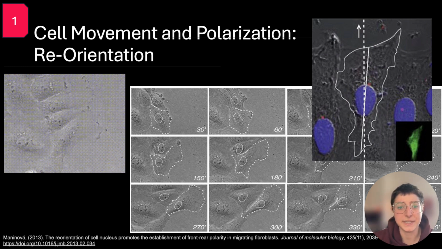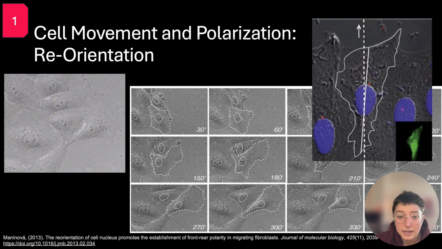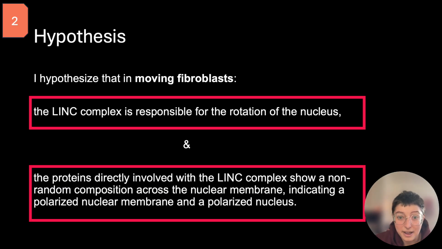It's really interesting. And so I have this hypothesis. I wish I had a diagram. I don't have a diagram, but I hypothesize that the linker of nucleoskeleton and cytoskeleton complex, or LINC, is responsible for the rotation of the nucleus, so this reorientation.